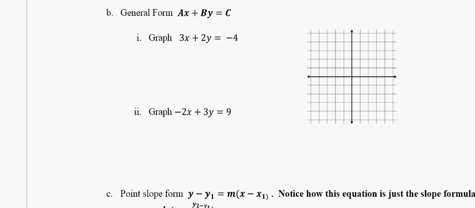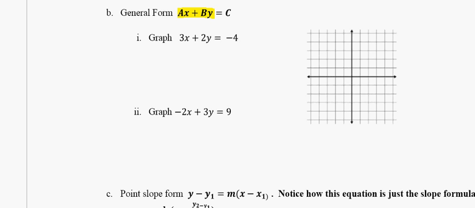Okay, so you should all remember that from Algebra 1, and you probably did it in geometry. Okay, let's talk about standard form or general form. Some books call it standard form, some books call it general form.